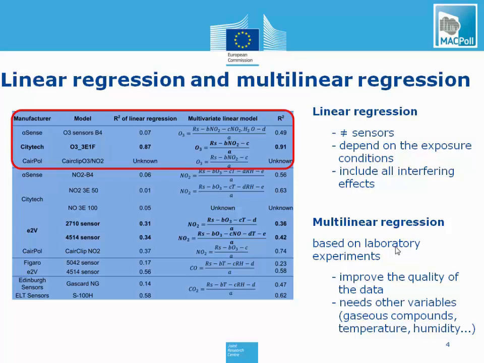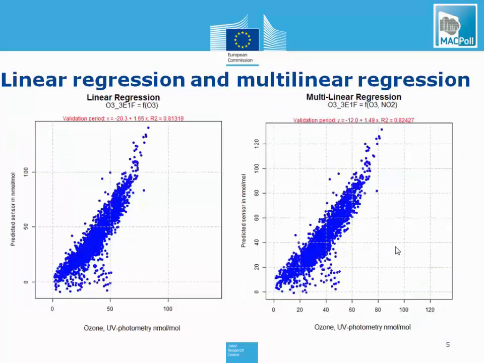That was not bad at all. It was working very well, but we managed to improve this value using only NO2 measurement coming from a reference analyzer, from 0.87 to 0.91. That was very, very interesting. But for the other sensors, it was not so easy to reach a good correlation.